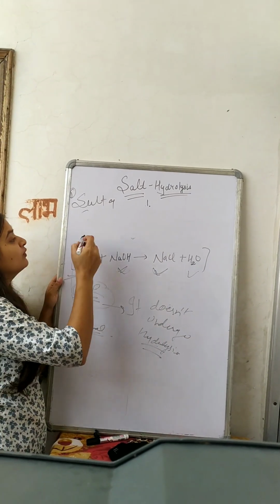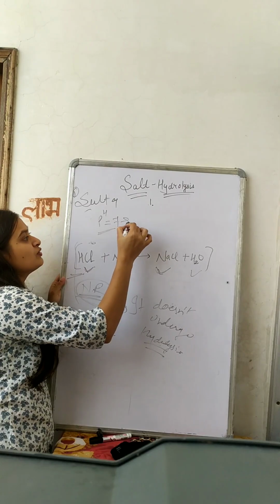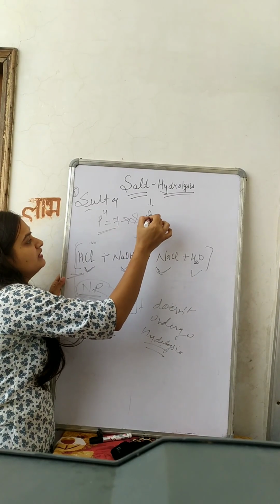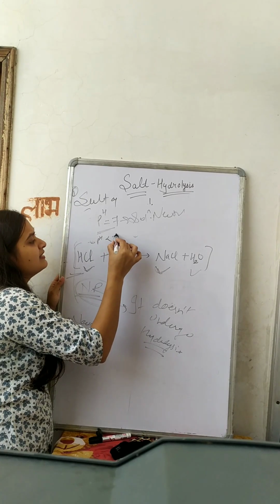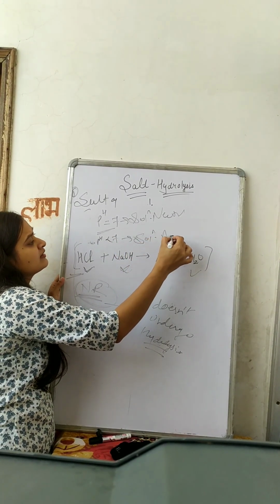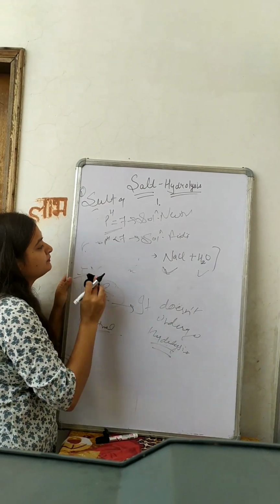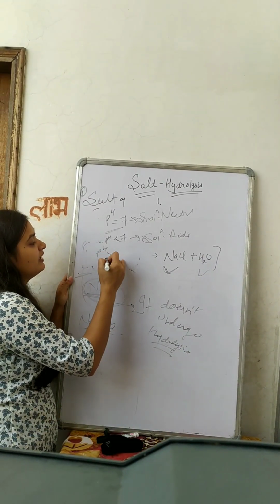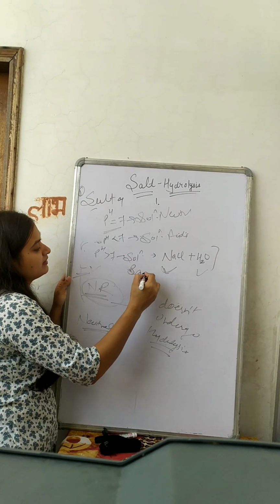As you know, when the pH is equal to 7, that means the solution is neutral. And when pH is less than 7, that means the solution is acidic. And when pH is greater than 7, that means our solution is basic.